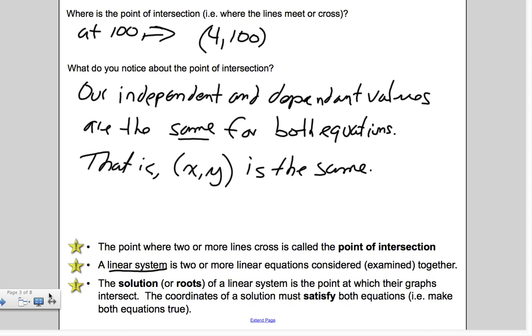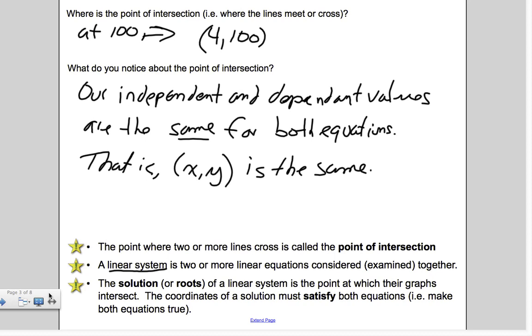So the coordinates of a solution must satisfy, and there's that word again, satisfy, that is make it true, both equations. So if we go back to that previous example, when the month is 4, what happened to the cost? It's 100. So look at 4 and 100.